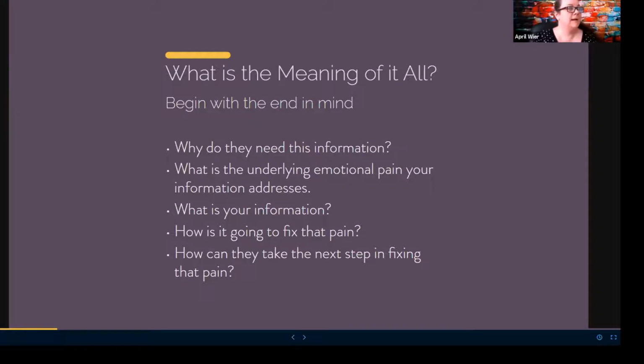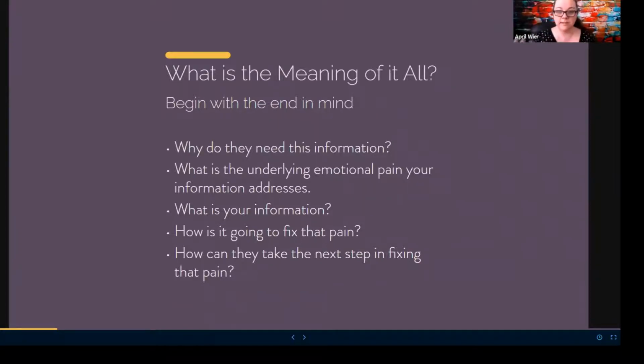So that pain might be something like our visual representation of our company doesn't match our culture or our values, and there's some kind of disconnect there, and that's causing frustration, right? So frustration would be the underlying emotional pain that your information is addressing. Then what is your information? Maybe you have a 5-step system on how you take people from that level of frustration.